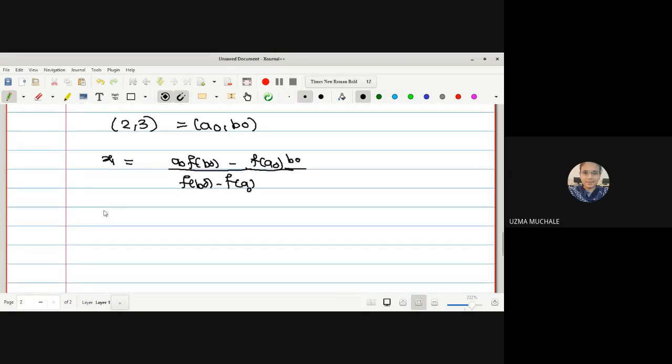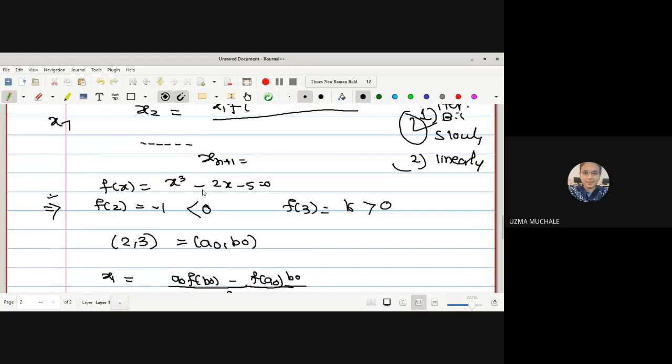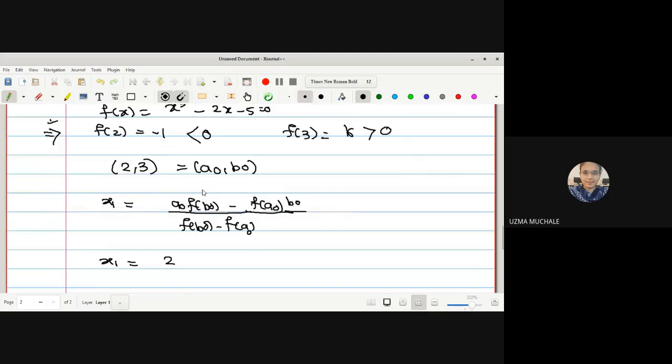Okay. Now let us put in the values. X1 is equal to, what is the value of A naught? It is 2. What is the value of f of B naught? That is f of 3. We got the value of f of B naught as 16, and f of A naught is minus 1, and B naught is 3, divided by f of B naught minus f of A naught.